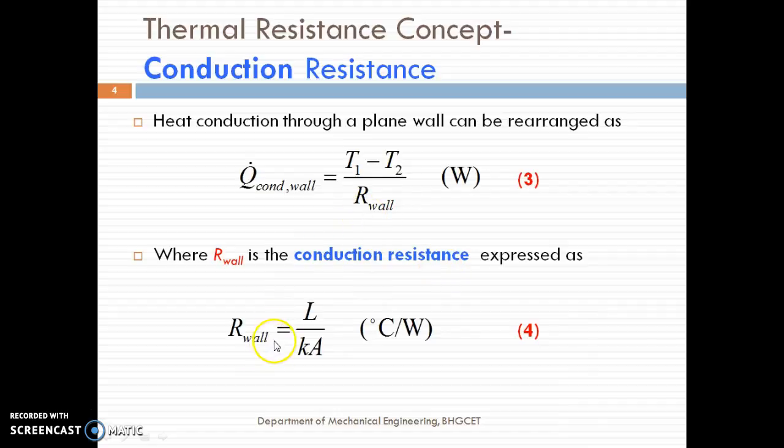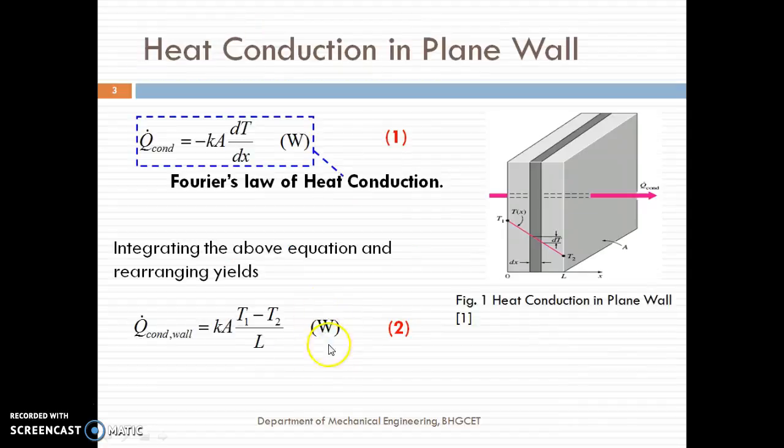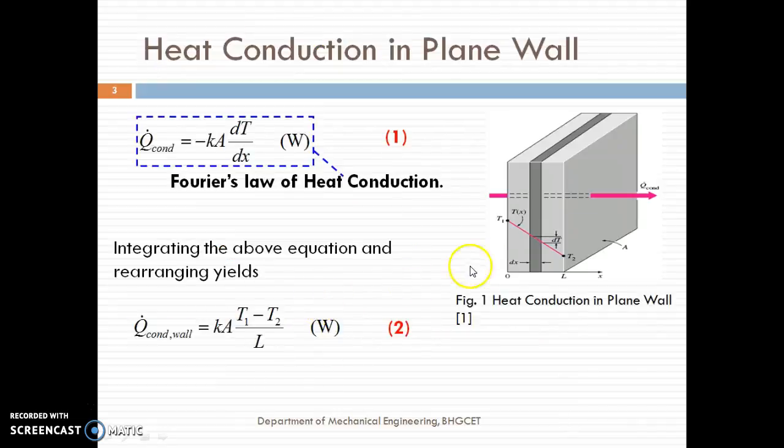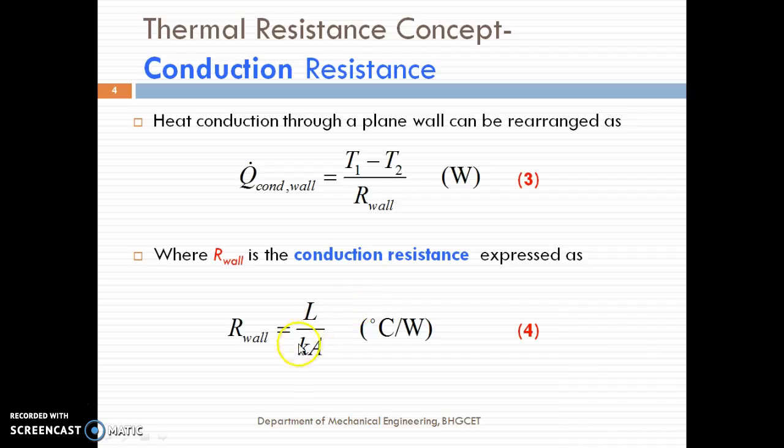R wall is equal to L over kA, where L is the thickness of the wall, k the thermal conductivity of the material, and A the area normal to the direction of heat transfer.